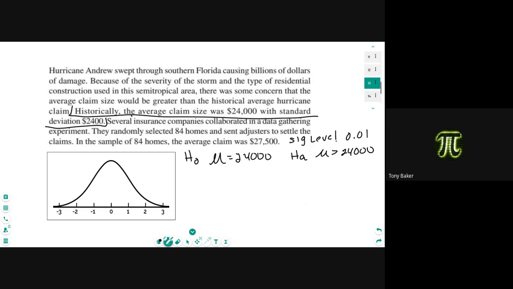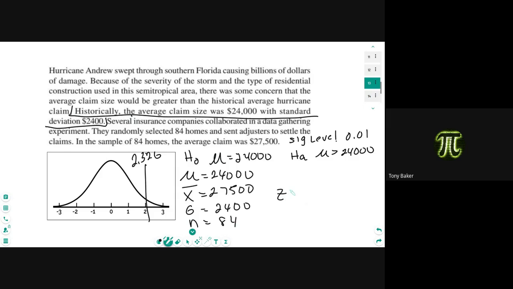So 0.01, so we're using 2.326. So then we have, find your Z.